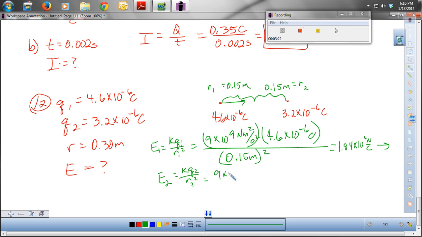So I got 9 times 10 to the 9th, 3.2 times 10 to the minus 6 over 0.15 meters. And don't forget to square it. So when I did that, I got 1.28 times 10 to the 6th.